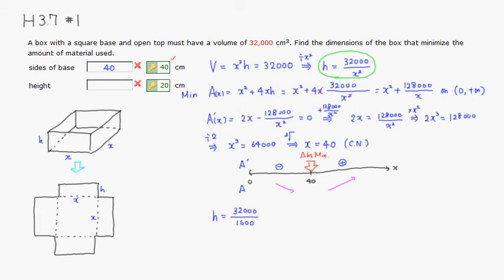You can cancel 2 zeros, and 32 has 2 16s, and there's a 0, so there's 20, which is the correct answer. All right, that's it. I hope that this was clear.